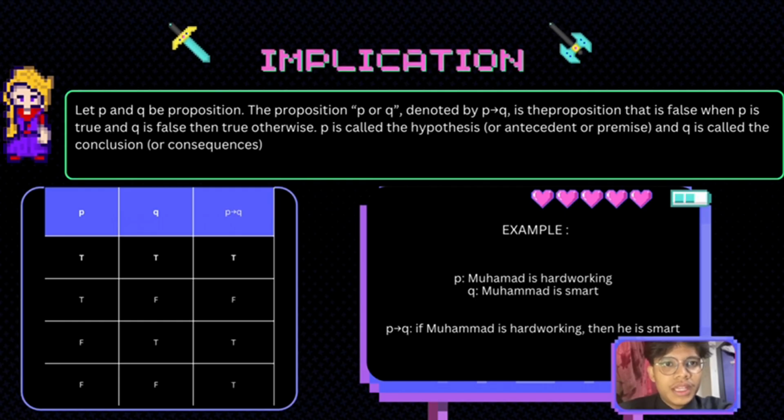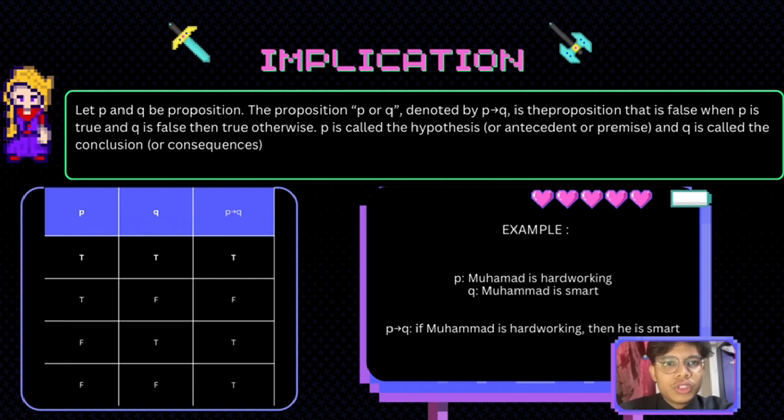Implication. Let P and Q be propositions. The proposition P implies Q, denoted by P → Q, is the proposition that is false when P is true and Q is false, and true otherwise. P is called the hypothesis or antecedent or premise, and Q is called the conclusion or consequence. Let's say P is true, Q is true, P implies Q is true.